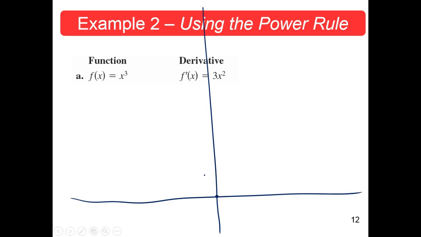0, 0 is on that function because, remember, f of x equal x squared. 1, 1 was on the function because when you plug in 1 or -1, 1's on the graph, right? 2, 4 is going to be up here, and -2, 4.